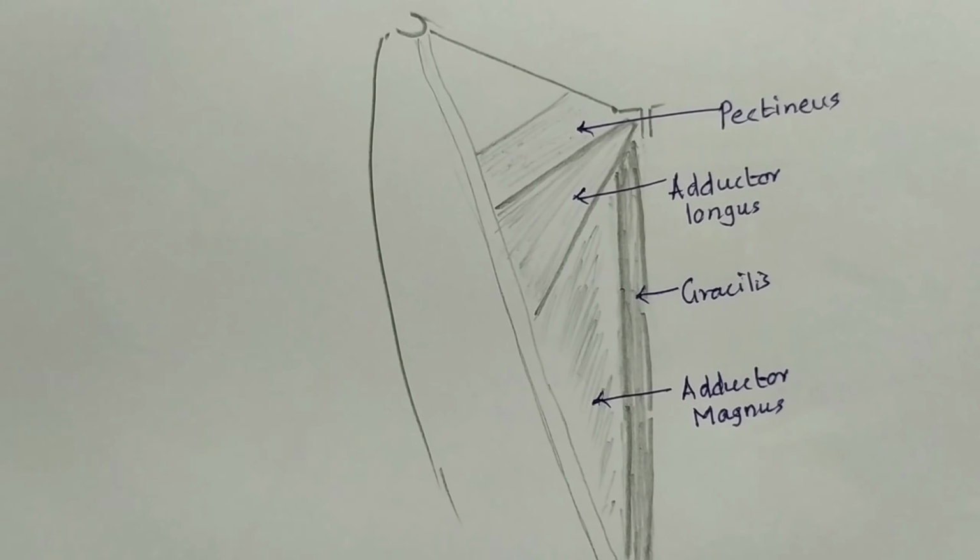Femoral nerve is a branch of lumbar plexus, and the root value is dorsal divisions of ventral rami of L2, L3 and L4. The medial compartment of thigh is the adductor compartment. The nerve of adductor compartment is obturator nerve. Obturator nerve is also a branch of lumbar plexus, and the root value is ventral divisions of ventral rami of L2, L3, L4.